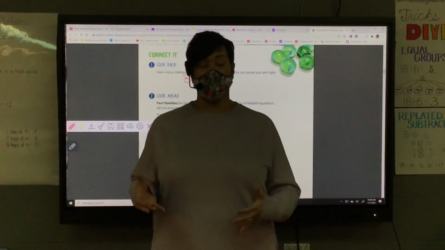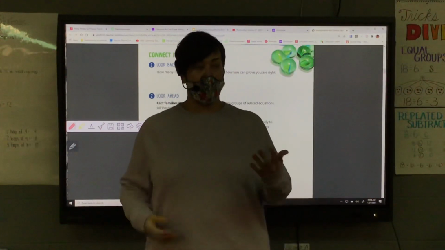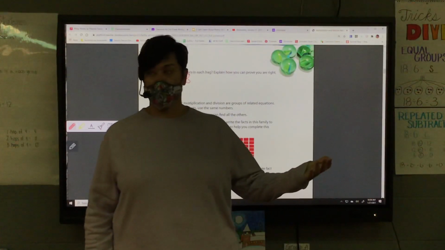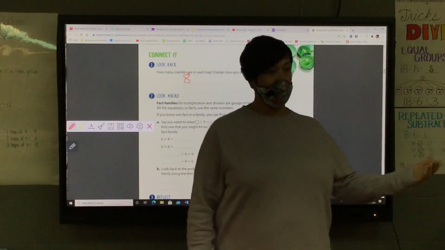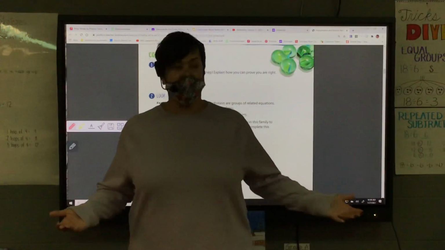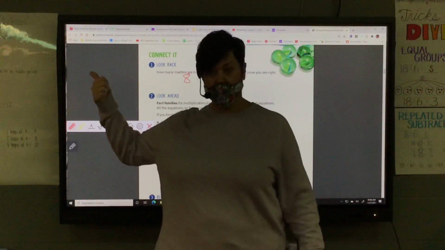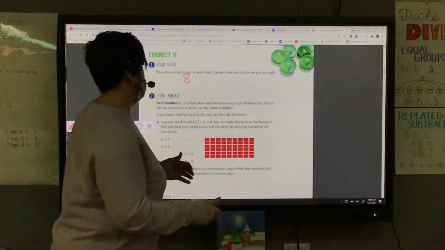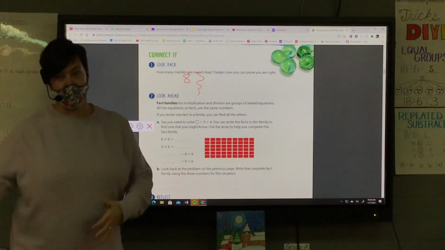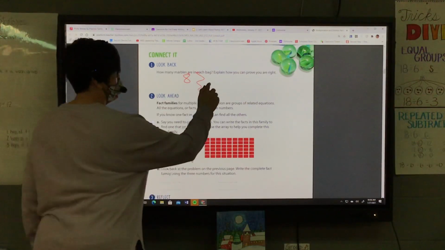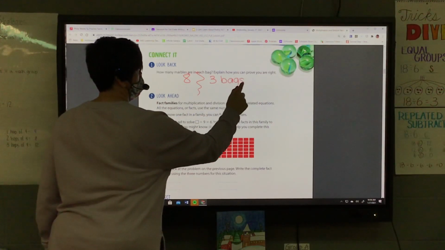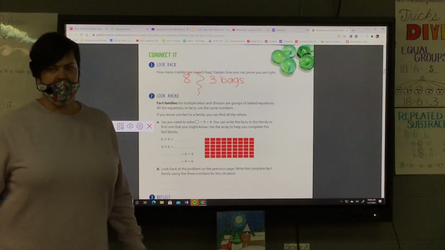Okay, so what he was saying is there are 3 bags with how many marbles? 8 marbles in each bag. Did we just explain it? Does that give us our 24 that we started out with on the page before? Let's write that down. So we know that there's 8 marbles in each bag. Now we're going to just jot down what Connor had said. 3 bags, then what did he say?